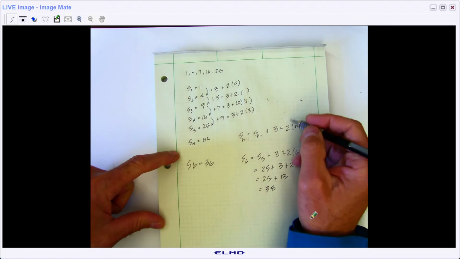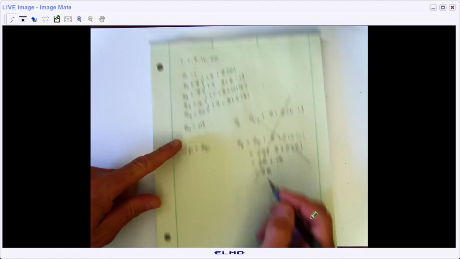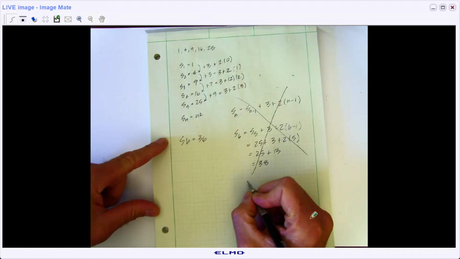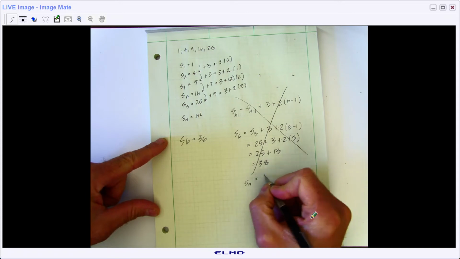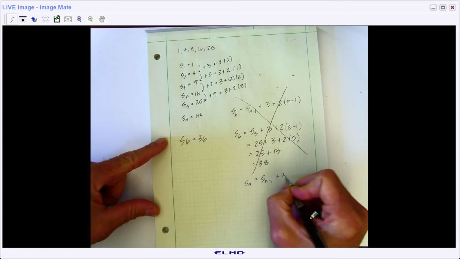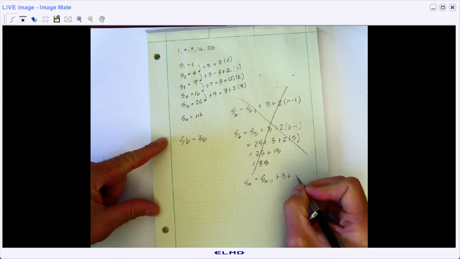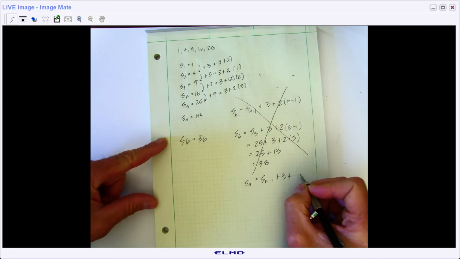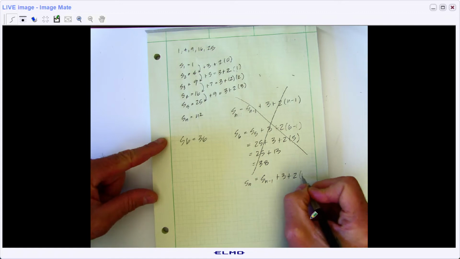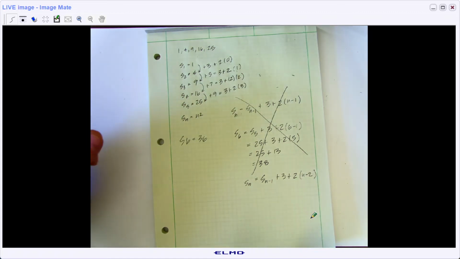So this is scrapped. Let's try it again and see if S sub n is equal to S sub n minus 1 plus 3 plus 2 times n minus 2. Because I added 1 too many. Oh, I can see it now. Yeah, right.